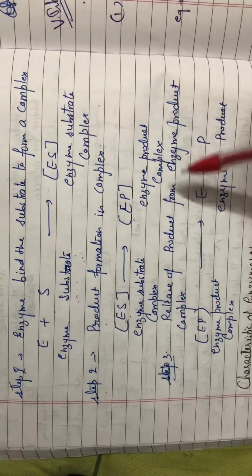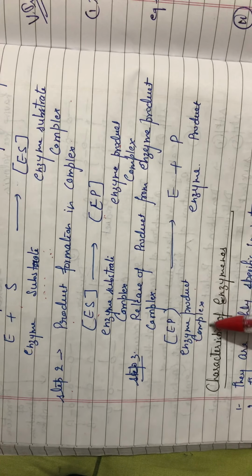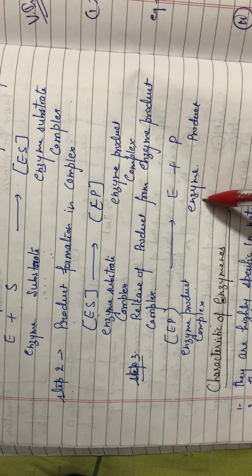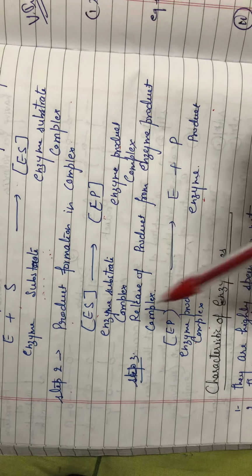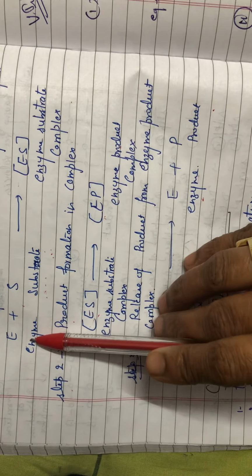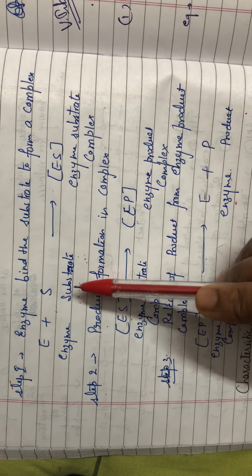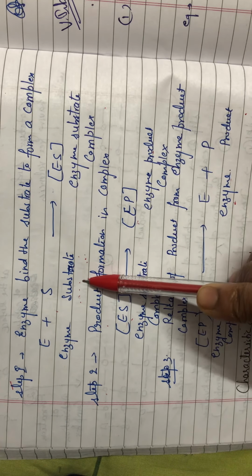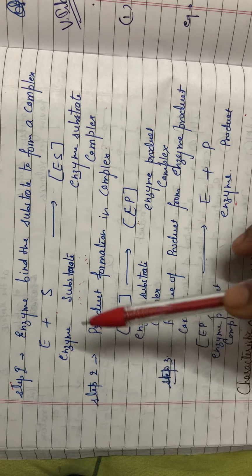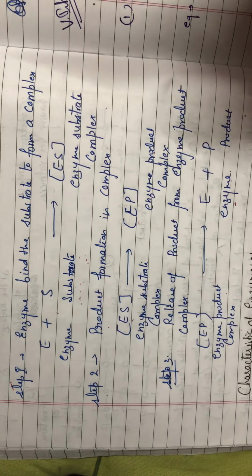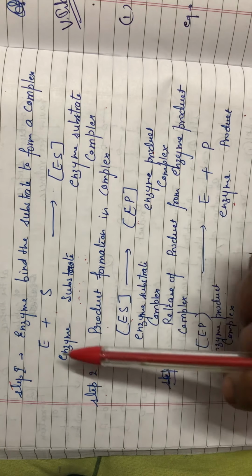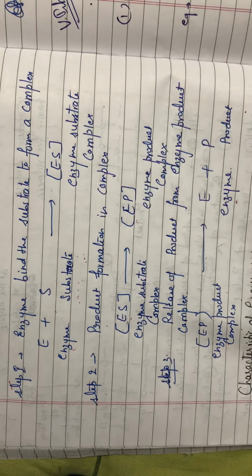In the third step, this enzyme product complex decomposes into the enzyme and its product. This particular enzyme will only join with this particular substrate. It cannot join with another substrate. That's why it is said that it works on the lock and key mechanism.